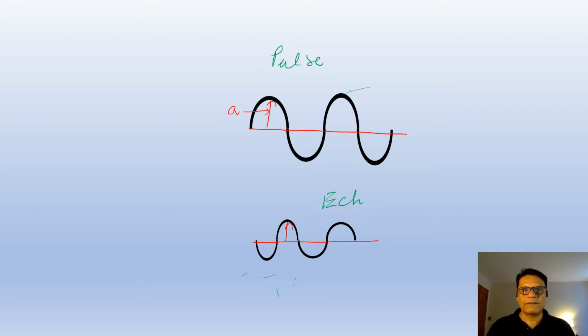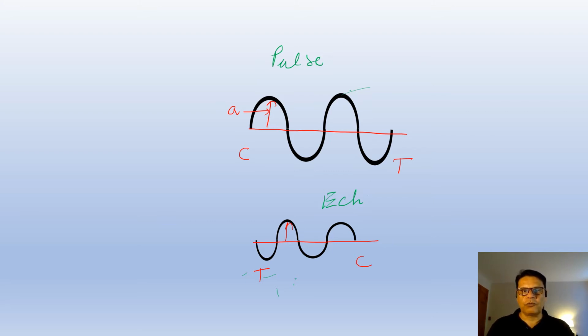This pulse starts with a crest and ends with a trough, but this echo starts with a trough and ends with a crest, and echo is actually the inverted pulse.